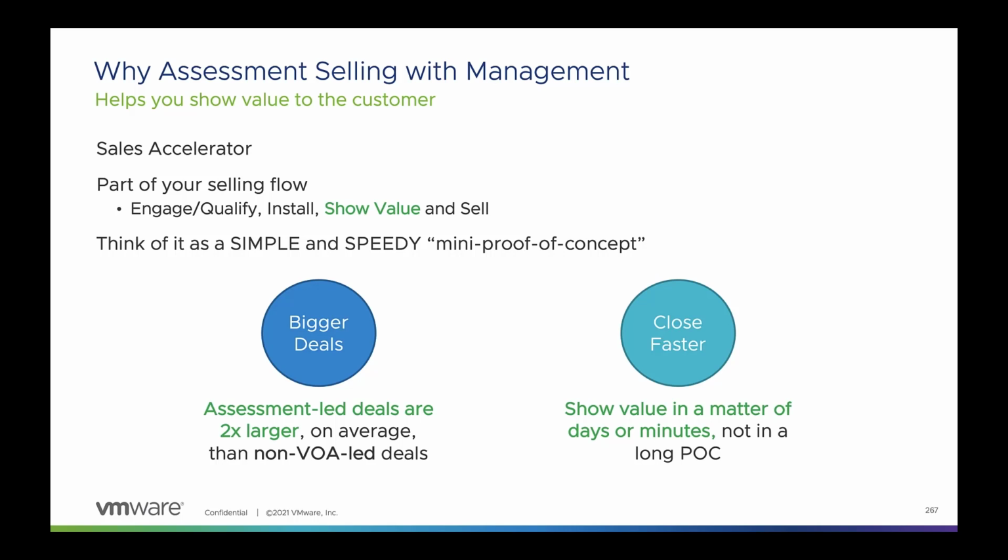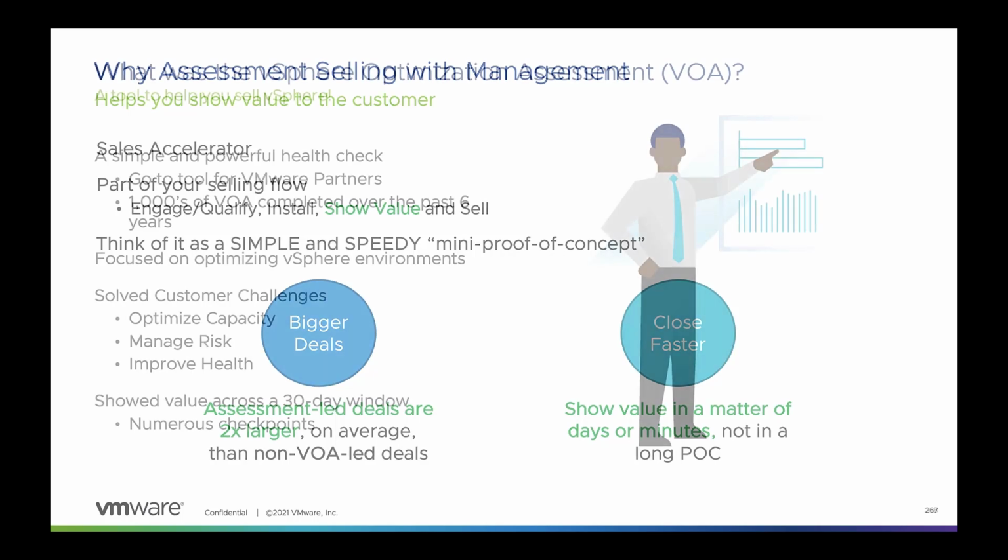So we're really speeding up the velocity here. We've also been able to show with this data that assessment-led deals are on average about 2 times larger than non-VOA deals. So we can use assessment selling to get a quicker close, as well as to increase the average size of our deals.